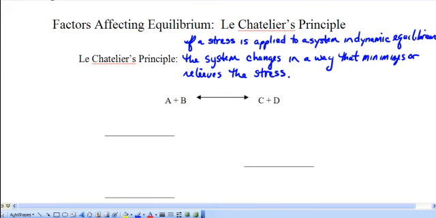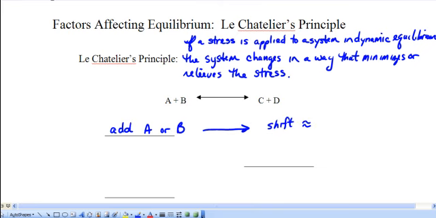Now, that seems like a mouthful. It is actually quite simple. Let's take a look at a system that's in equilibrium, A and B going to C and D. If you add A or B, how is this thing going to respond? Well, it wants to minimize this addition. So if you add something, it's got to shift away from it to remove it. It'll turn some of the A and B into C and D to minimize this addition. So this will shift equilibrium.